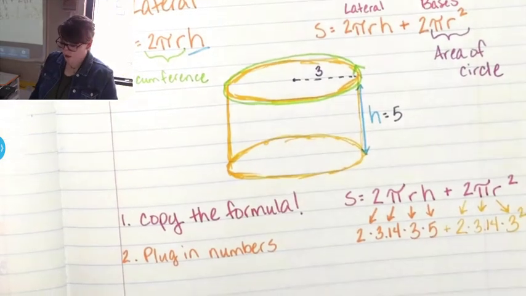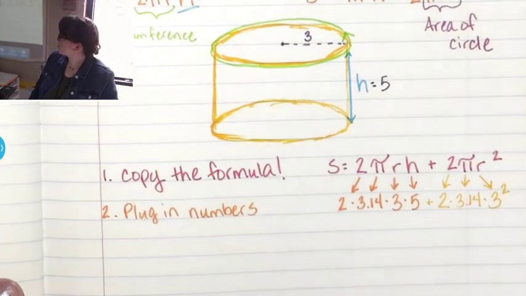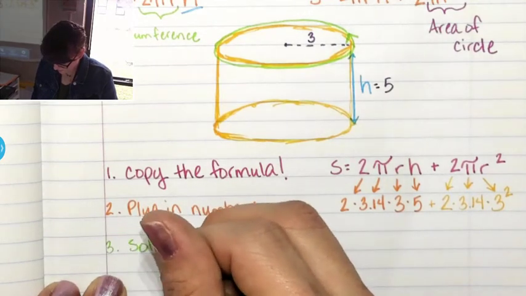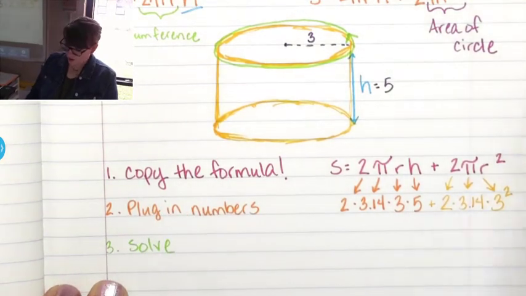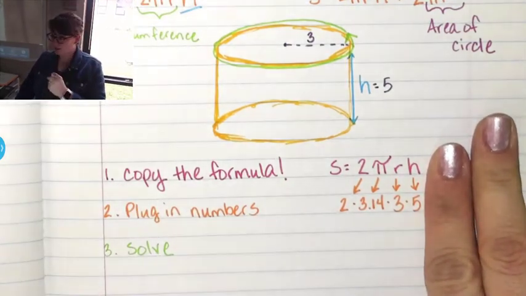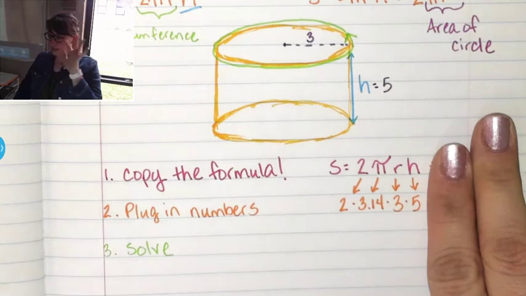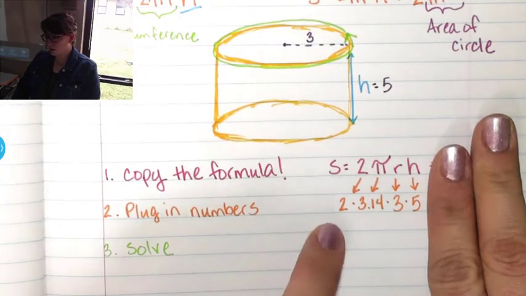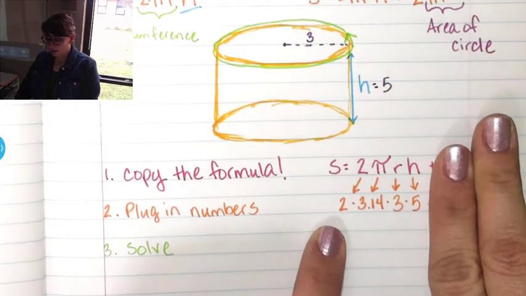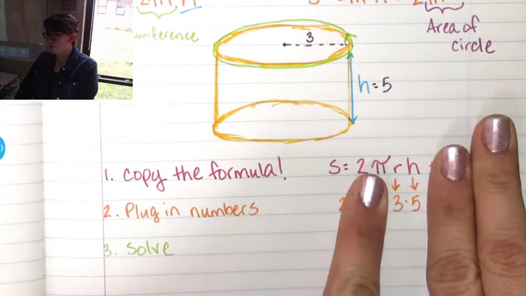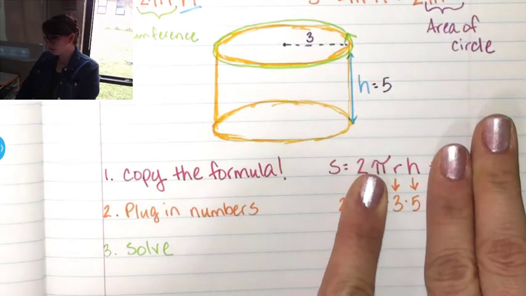My next step is to solve. Step 3, I solve. Now, the commutative property of multiplication, which you learned in 6th grade, I can multiply these in whatever order I want to. To make it easy on me, I'm not going to multiply by 3.14 first, because then I have to multiply everything else by a decimal.